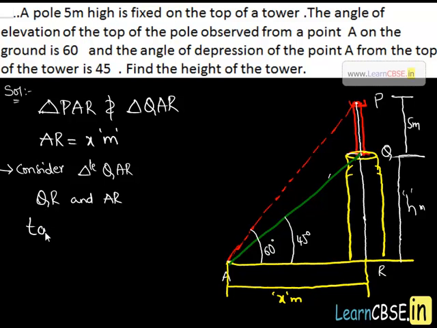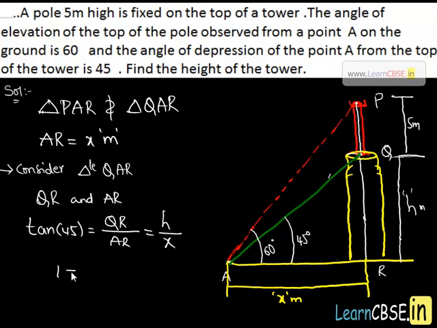We use tan. Therefore tan 45 is the ratio between the perpendicular to the base, that is QR to AR. We have QR is the height of the tower, so it is h, and AR is the distance between the observer and the tower, which is x.